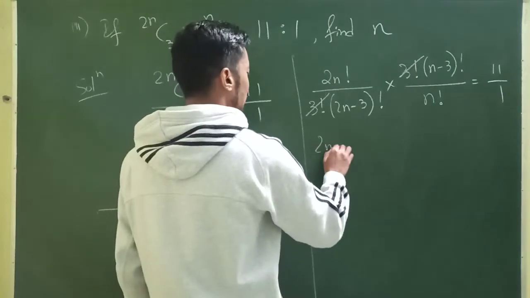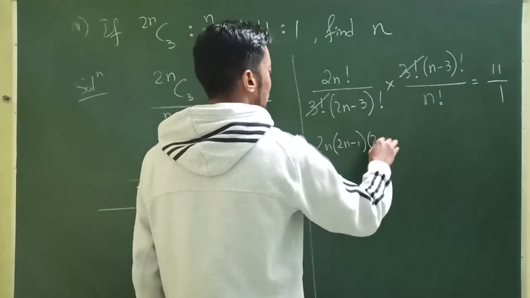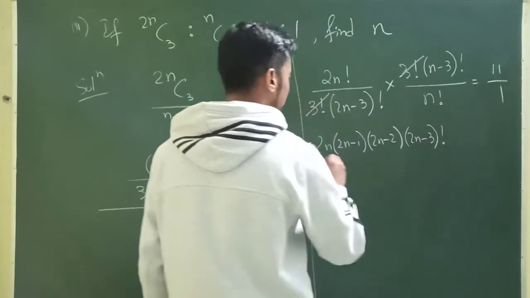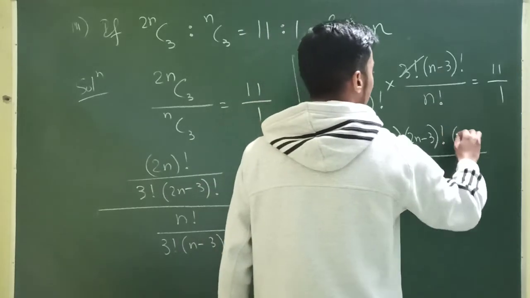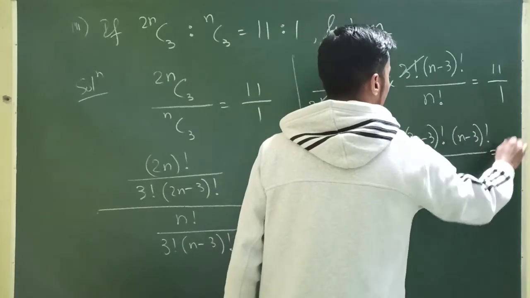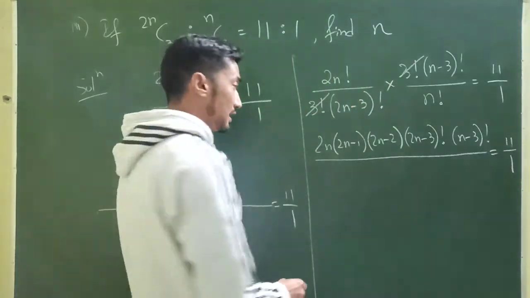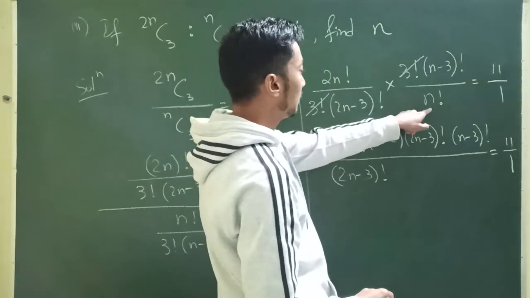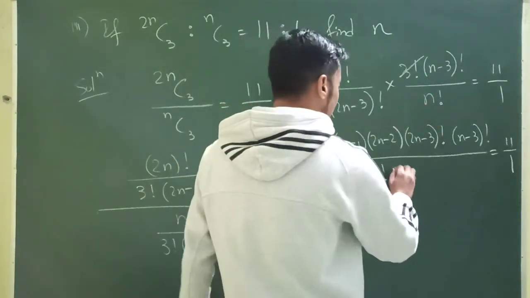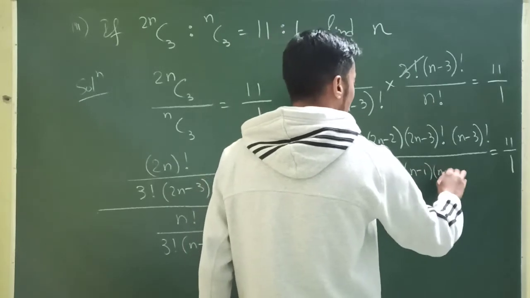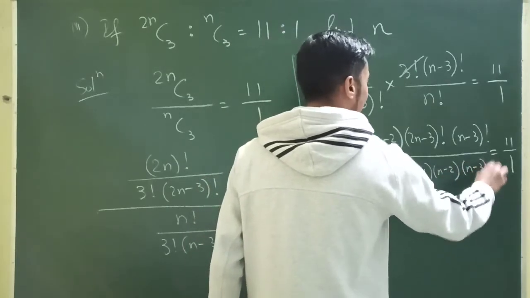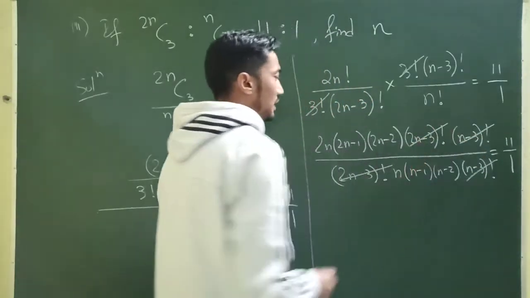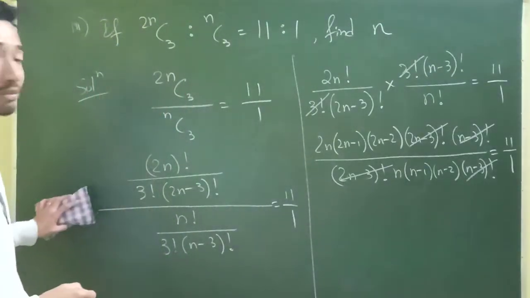So that will be 2n into (2n minus 1) into (2n minus 2) into (2n minus 3) factorial, into (n minus 3) factorial, by n into (n minus 1) into (n minus 2) into (n minus 3) factorial, equal to 11 by 1. So the factorials cancel, because as long as we have the factorial, we cannot simplify or solve.